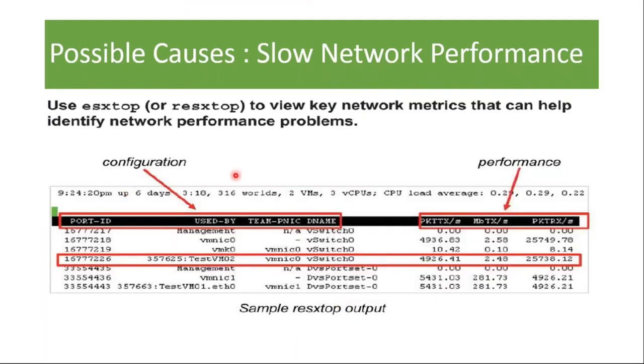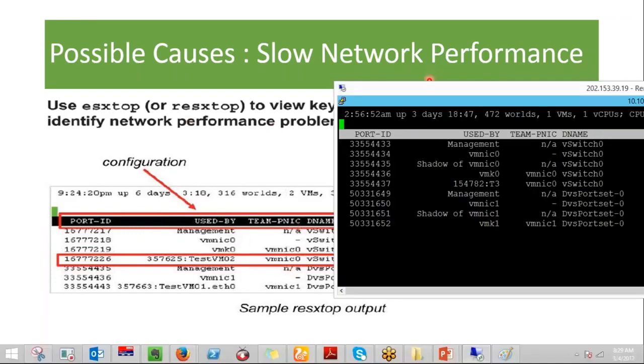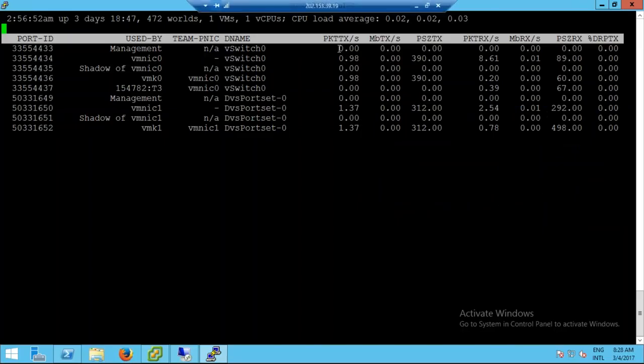If you see the screen here, you can see the used port ID. Here you can see PKTTX, which shows the packets transmitted, and MbTX, which represents the data transfer rate or data transmission.